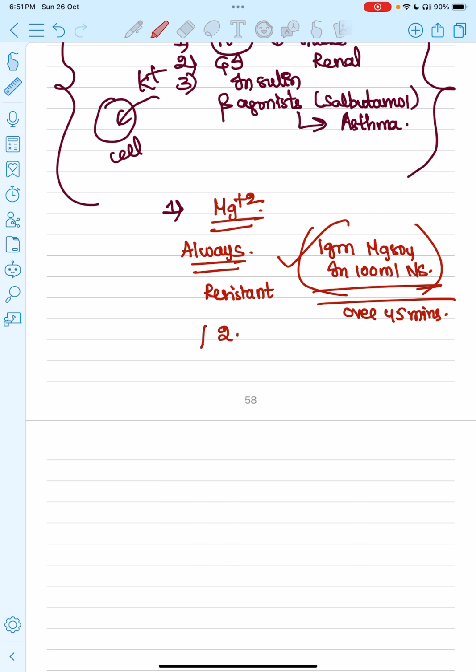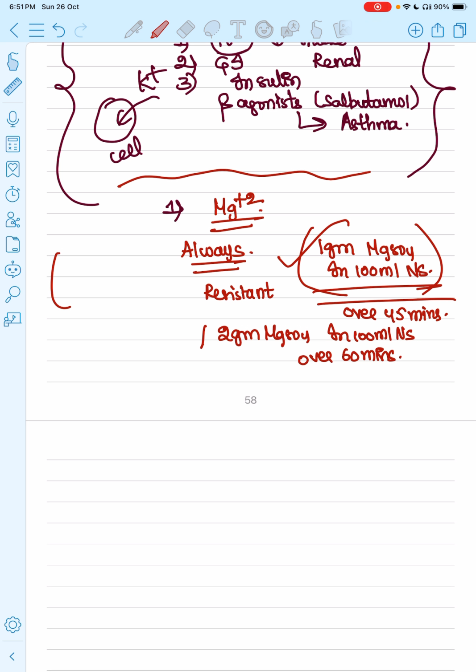In some hospitals, they give 2 gram MgSO4 in 100 ml NS over 60 minutes. In cases of hypokalemia where it is resistant to all the above treatments, you have to give MgSO4. Before treating hypokalemia, it is always a must to check the magnesium levels.